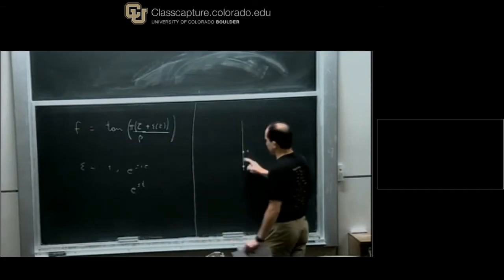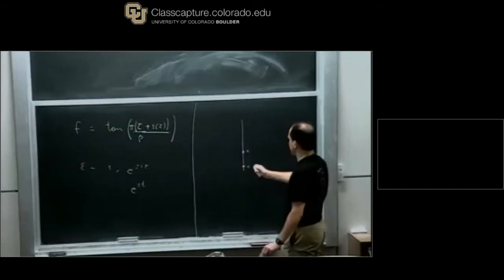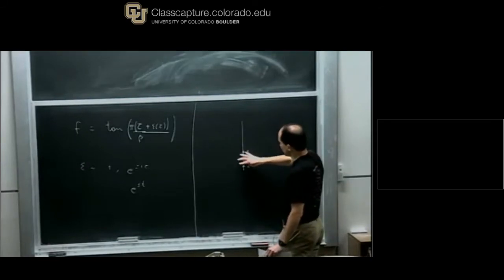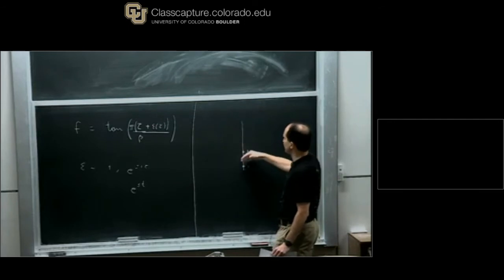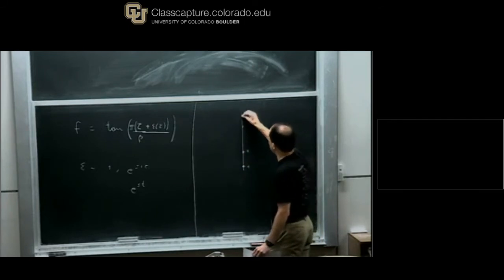We'll have some sources for the epsilon, and we can think of this as sourcing some classical solution for the epsilon that then propagates at later times and is then measured by, let's say, points 3 and 4. Okay.